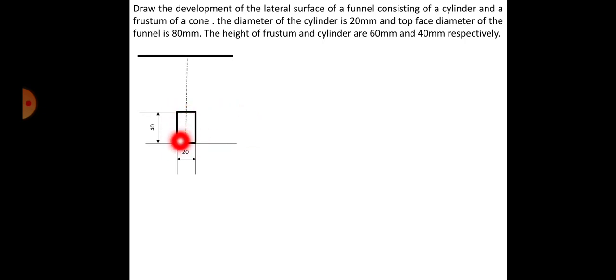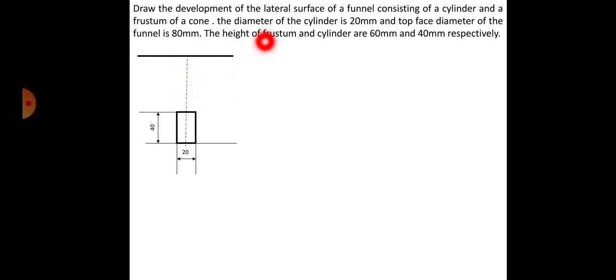20 mm is the diameter, 40 mm is the height of the cylinder. Then from the center you have to take the axis, students. This is again important. This height has to be 60. From here to here it should be 60. You cannot simply draw a line wherever you want. From here to here it should be 60, because that is given.